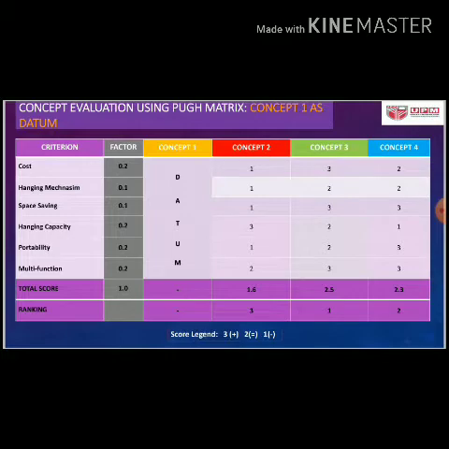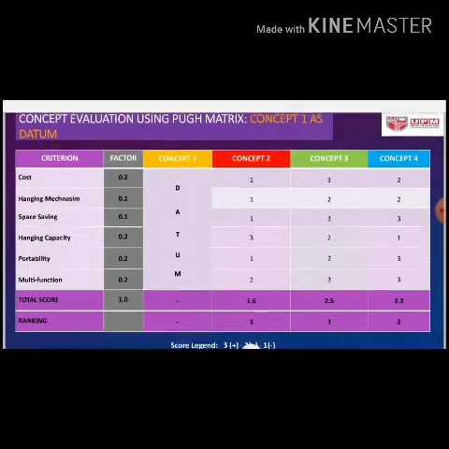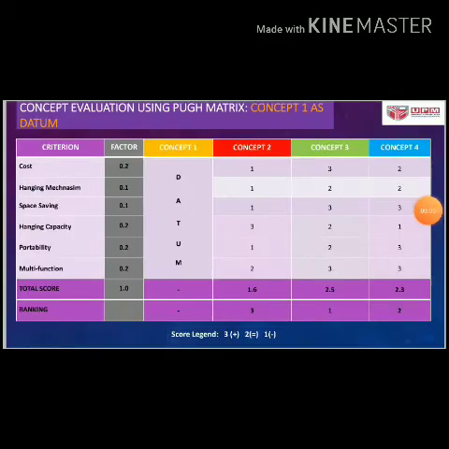What you can see here is that space saving has a weightage of 0.1 and hanging capacity is 0.2. With different weightages, it shows that hanging capacity is more significant than the space saving criterion.